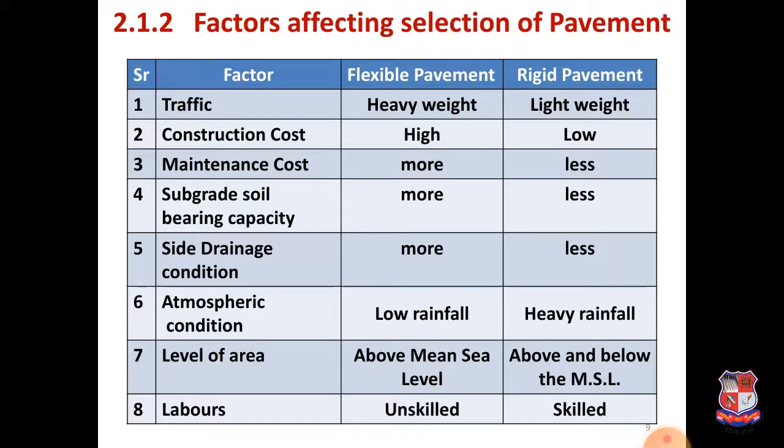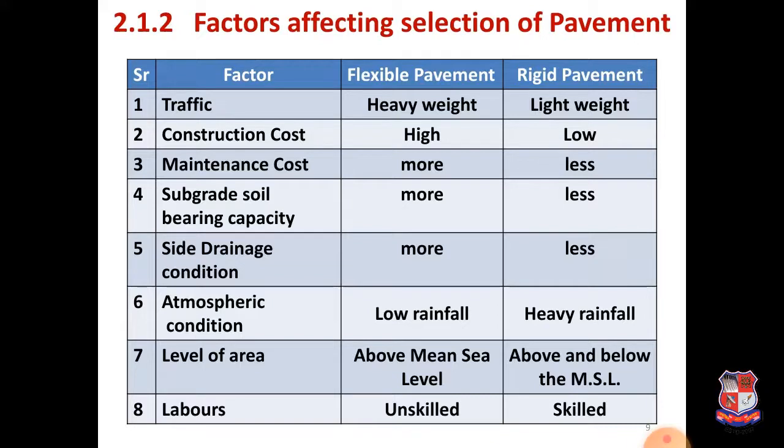Factor 8, labors. When unskilled labors are available for the road construction, we select flexible pavement, because flexible pavement can be constructed through unskilled labors.